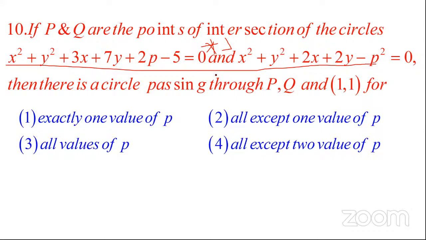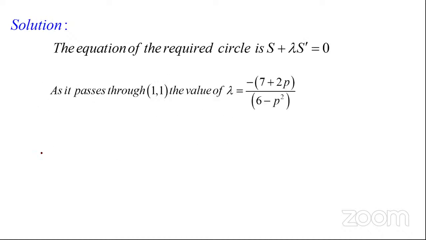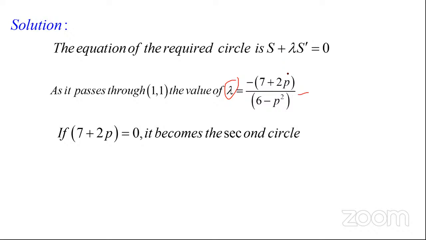Okay. So from that one, I need which is passing through 1 comma 1. Then you will get the lambda value equal to minus of 7 plus 2p by 6 minus p square. If the value is equal to 0, then it will be another circle, it becomes the second circle.